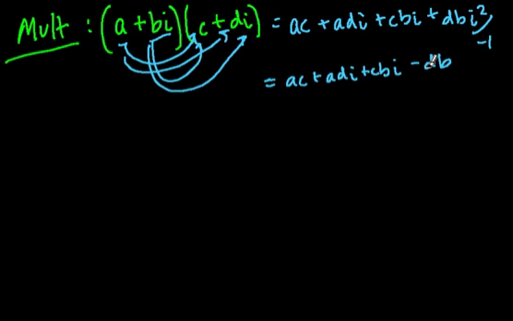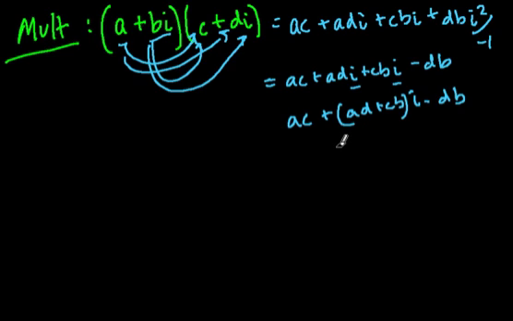And we can actually go a little bit further. A common factor here is i in both cases. So we can think of this as ac plus ad plus cb times i, we factored that i out, minus db.